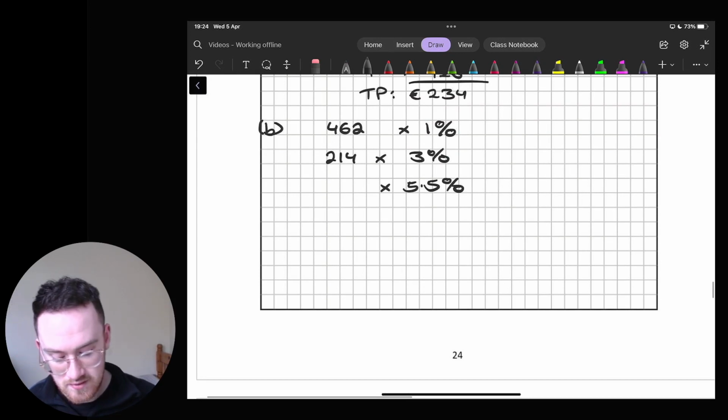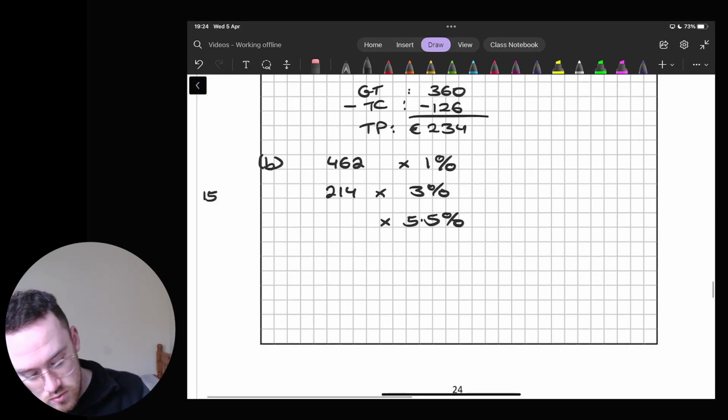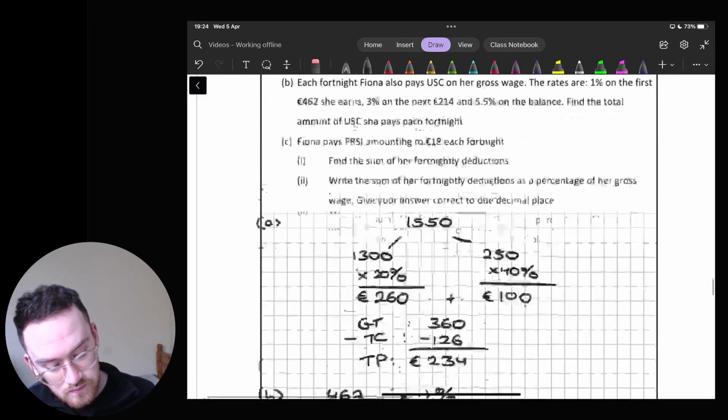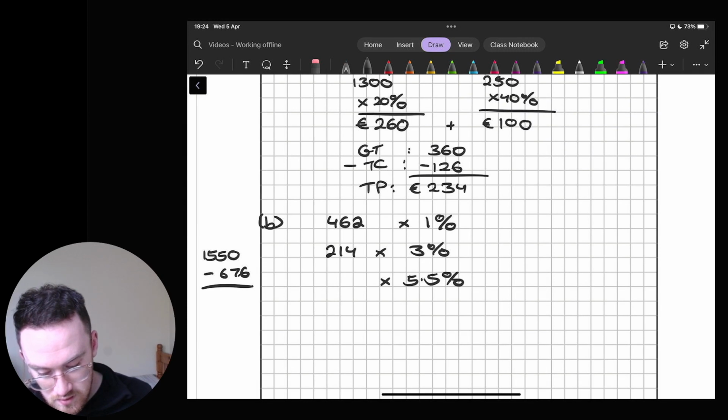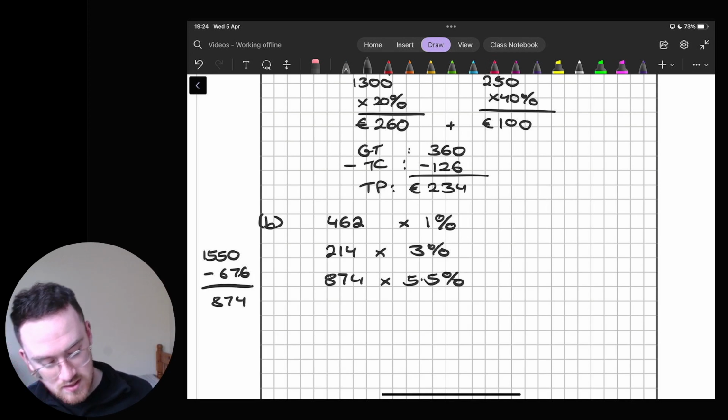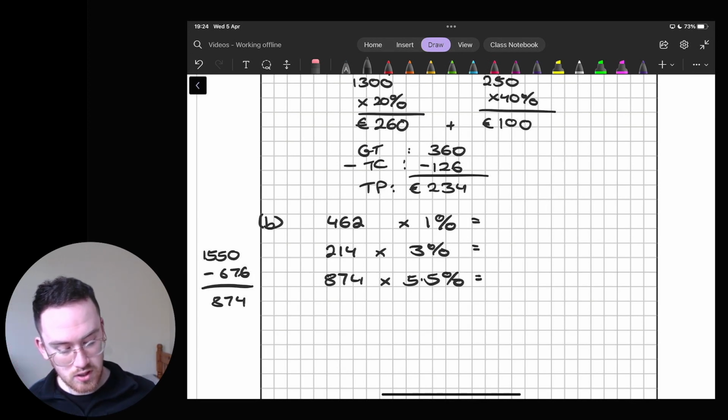So what does she have left? 462 plus 214 is 676. She earns 1,550. Take away that 676, leaves us with 874. So she has to pay that tax on 874 euro.